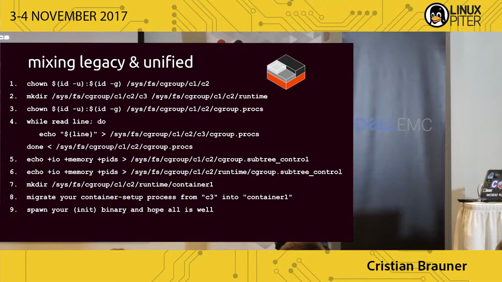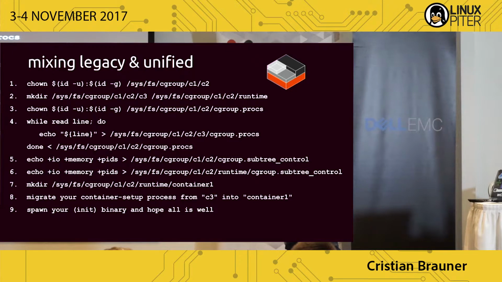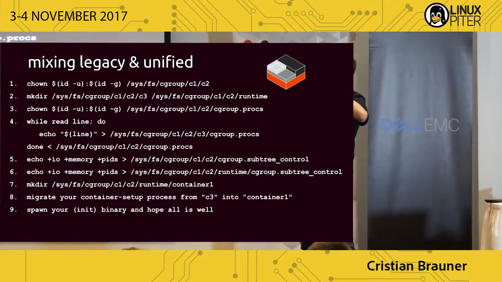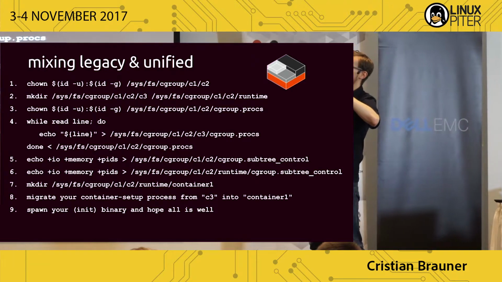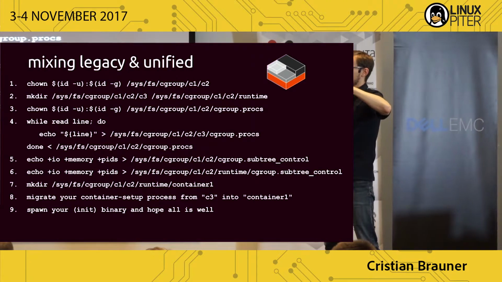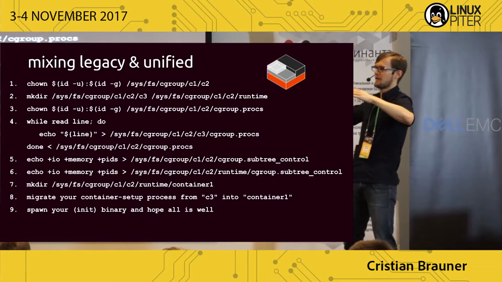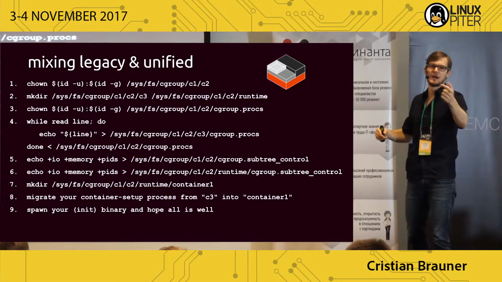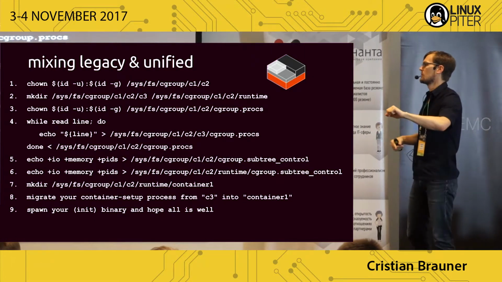So you need to move all of your processes from C2 into this parallel cgroup right here, and then move the process for the container into the cgroup right here, where you actually want to spawn the container, and then fire away. So this becomes a lot more complex than, for example, just writing the PID into the cgroup.procs file.